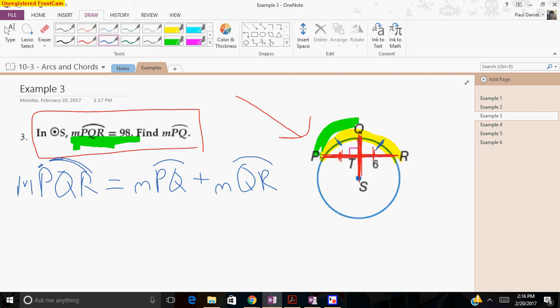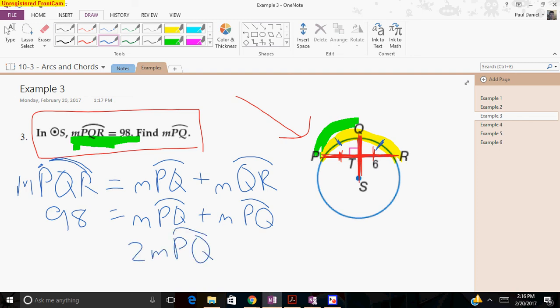And they happen to be the same, so I could replace QR with PQ. I'm doing this in a geometrical proof sort of way, just to remind you of what that's like. I realize some of you probably already had the answer the moment you realized those two arcs were the same, but we're going to do it the long way. So this is 98 right here. Those two things are the same, so really 2 PQs is going to be equal to 98.